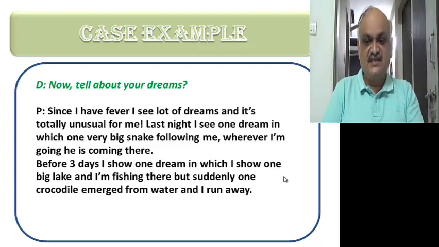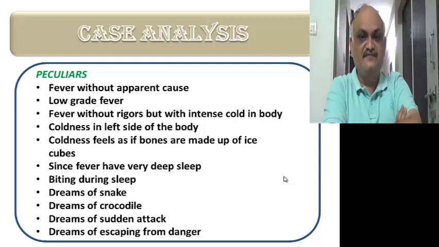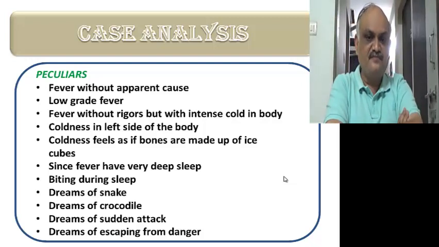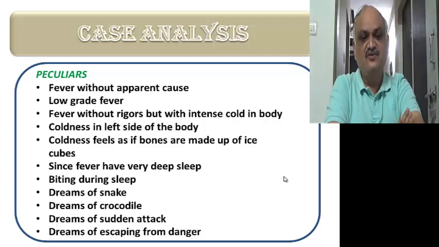Now what to do in this case? These are the peculiars. Fever without apparent cause, low grade fever. If you put all of this in the repertory, then you don't find the remedy.